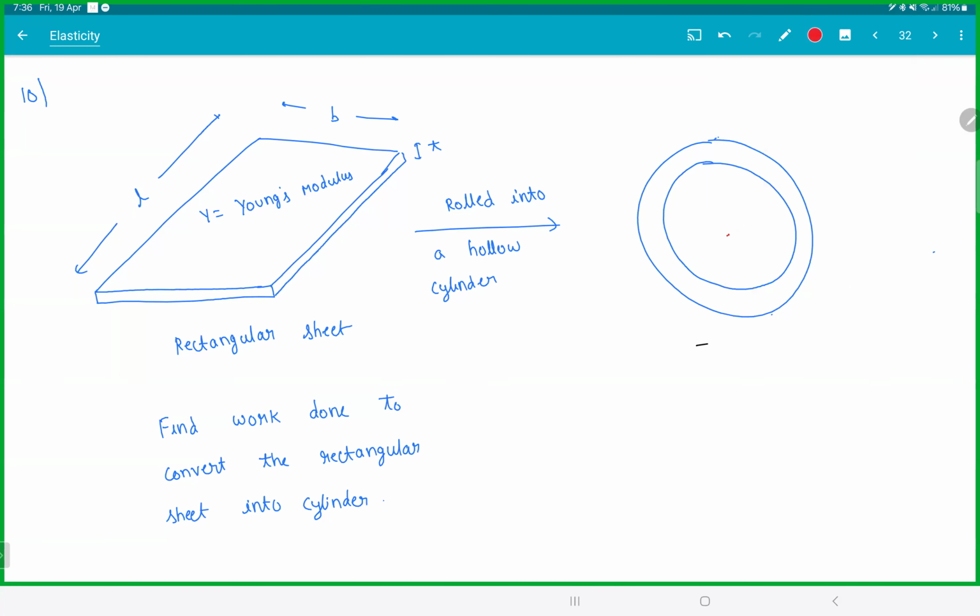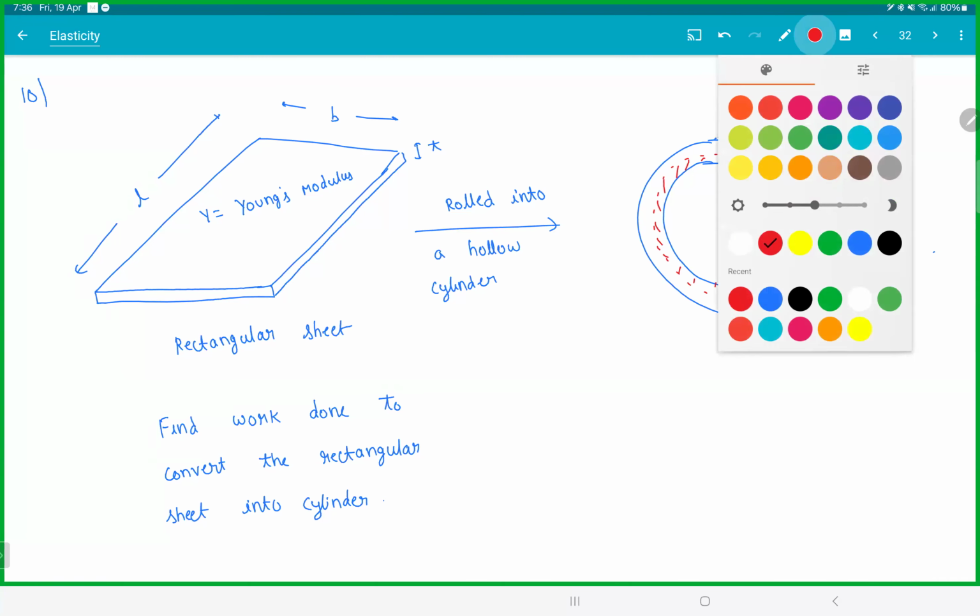let's say the radius r is exactly till here, the center, where 2 pi r should be equal to b, no? The circumference. So this part of the rectangle got compressed, and luckily the answer will come the same actually.